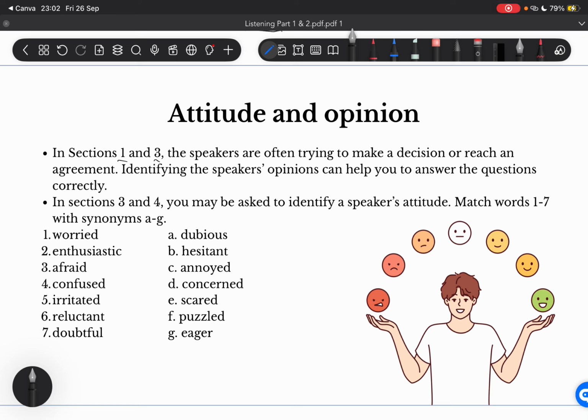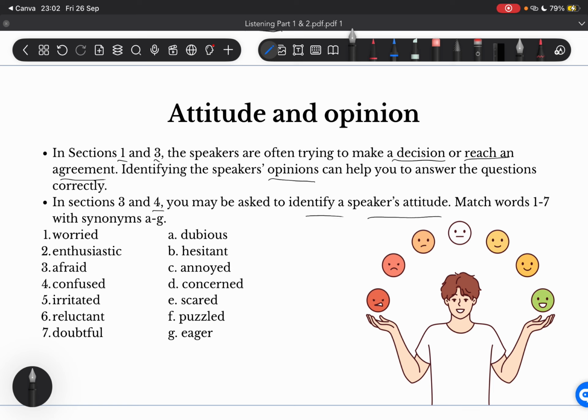And most of the times they are trying to make a decision or reach an agreement, so it's very important to identify their opinions because they'll help us to answer the questions correctly. So in section 3, even and 4, we might be asked to identify a speaker's attitude.